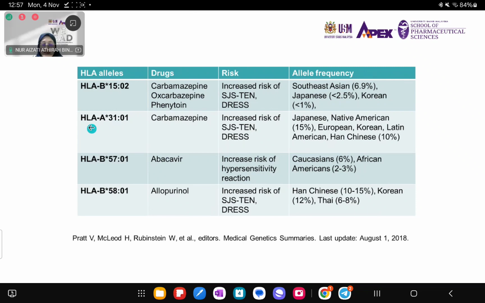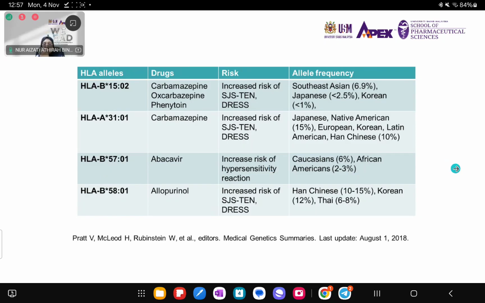Where else? HLA-A 3101, among European as well, Korean, Latin, Japanese, American. Okay, so these are the other two that I mentioned briefly, allopurinol earlier. Its marker is HLA-B 5801, also SJS, TEN, and abacavir, which is an antiviral drug, HLA-B 5701.